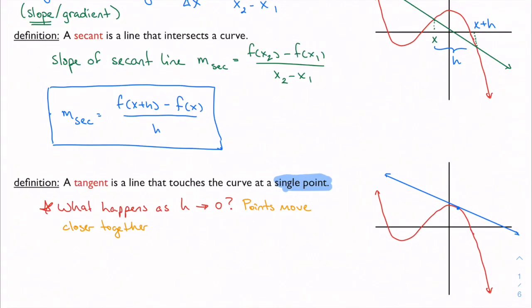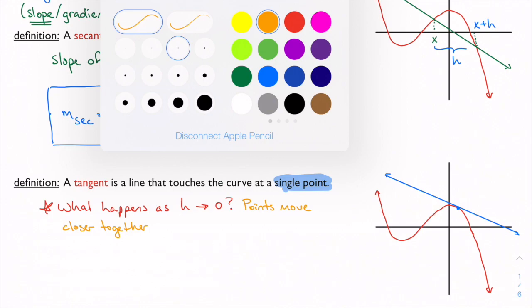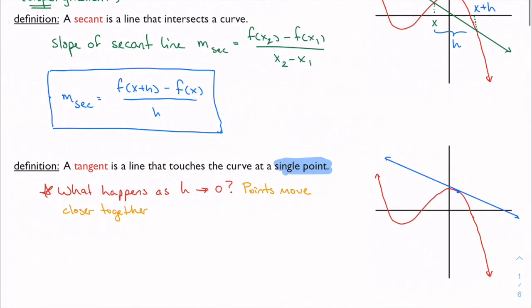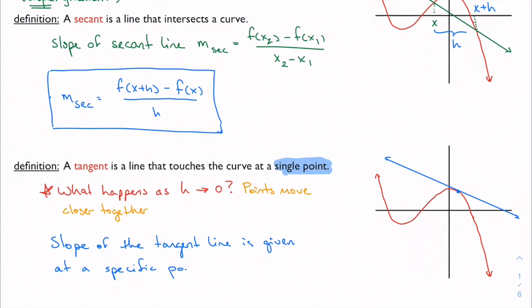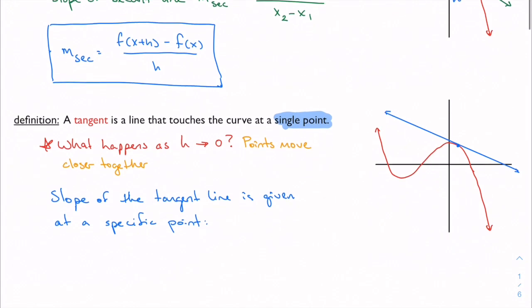So what happens? Well, we can redefine our secant formula and repurpose it for tangent. So the slope of the tangent line is given for one specific point, and we can calculate that.